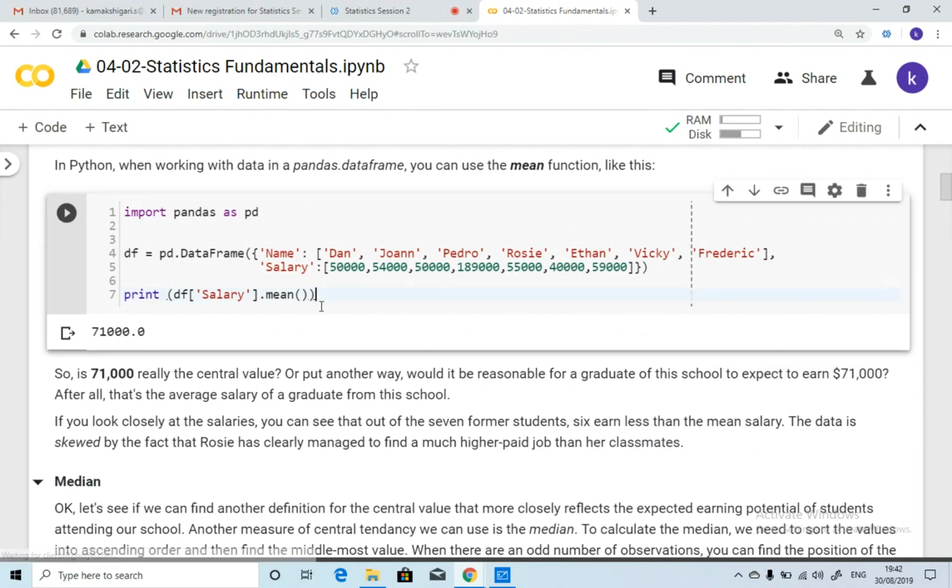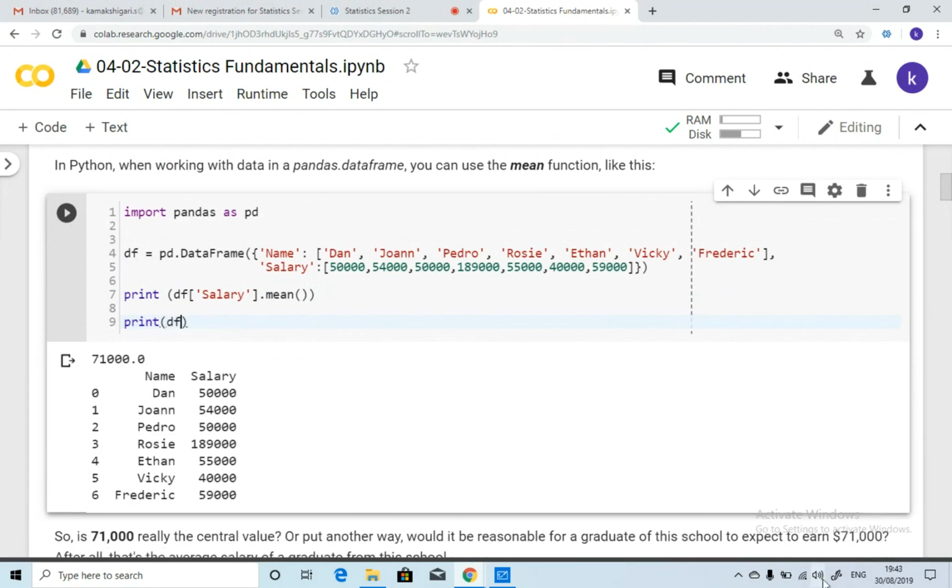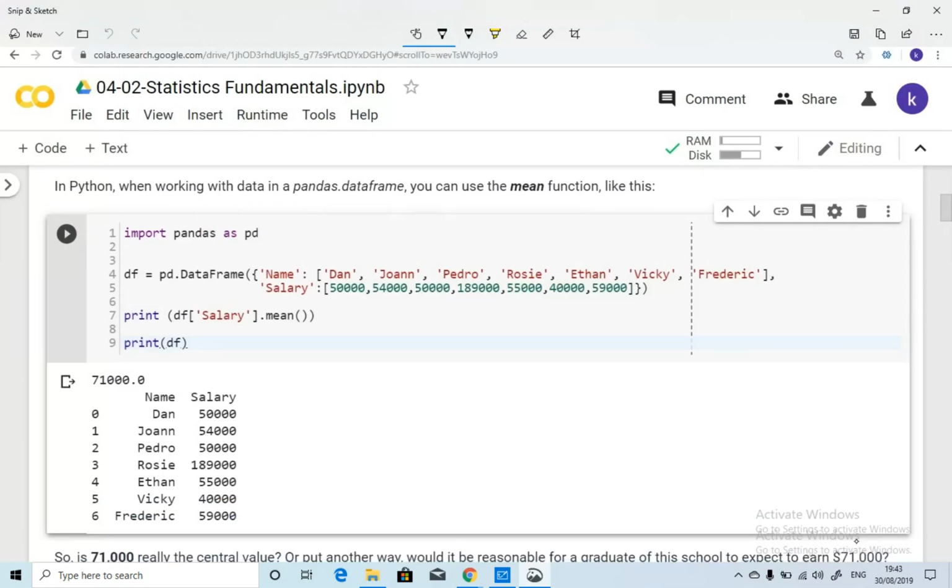Now, Rose was 1,89,000. The rest of the people are average.